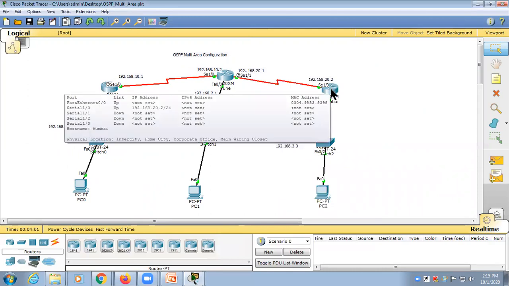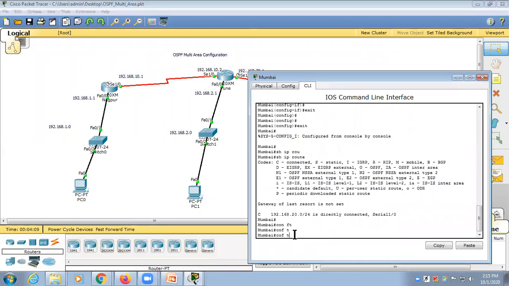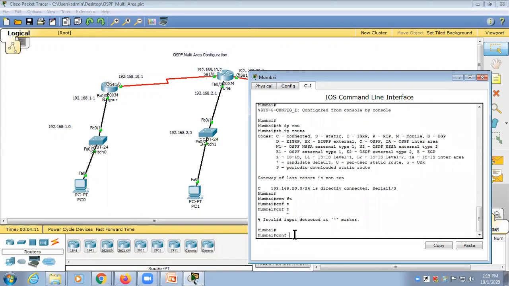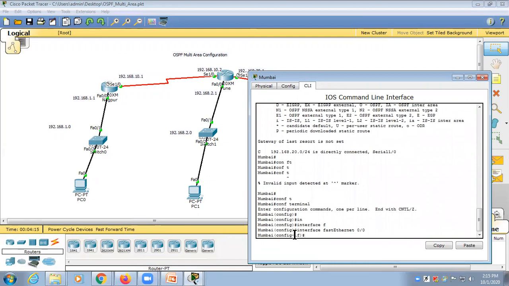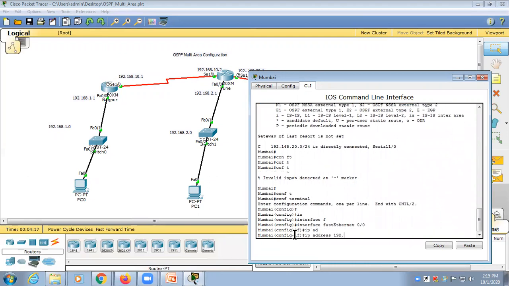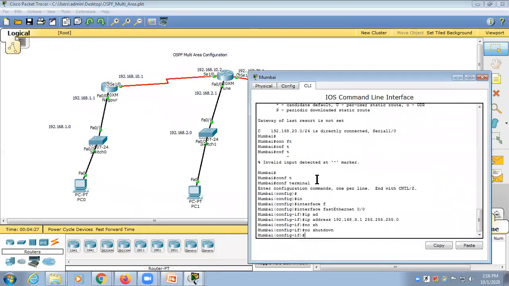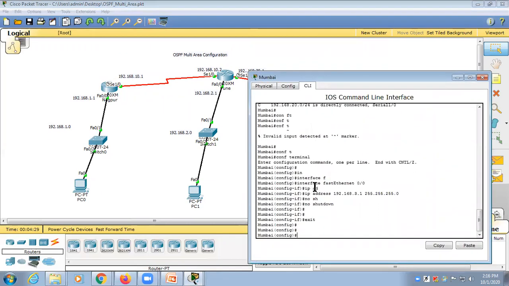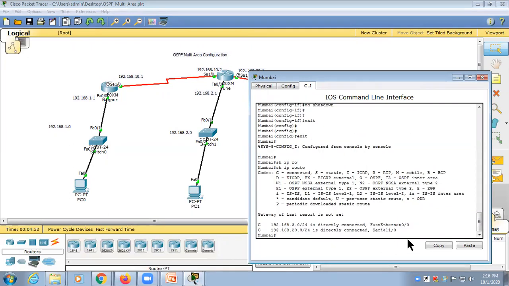FastEthernet 0/0 has not been set. Sorry, go to configuration mode first of all, then go to interface 0/0, then give the IP address 192.168.3.1 followed by subnet mask 255.255.255.0, and give the no shutdown command. I think it is now set. Now check whether the entry is available or not. Show ip route. Okay, both the networks are available now.